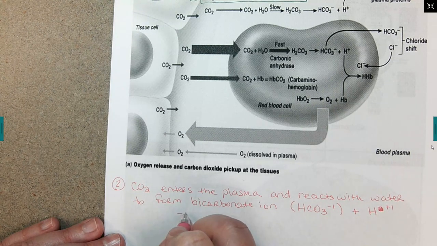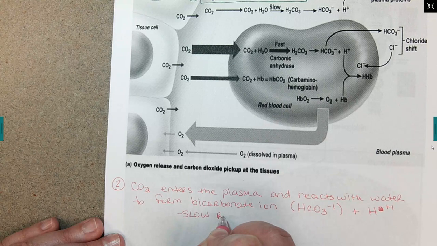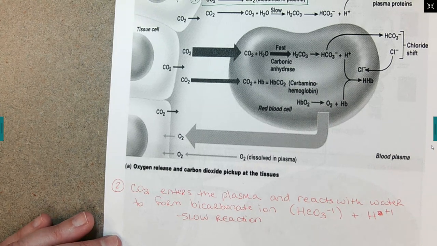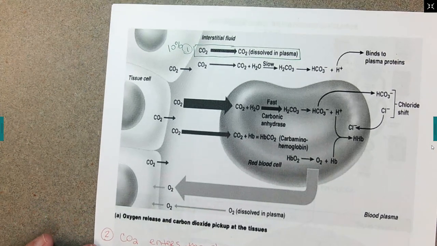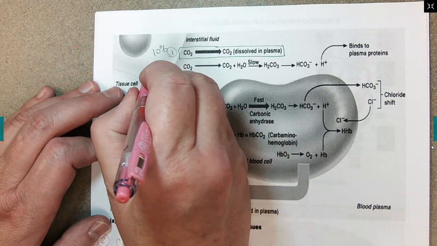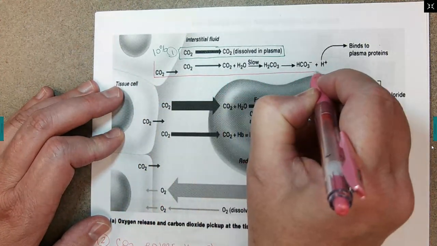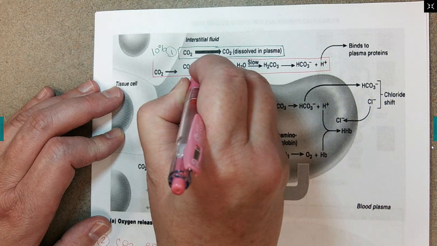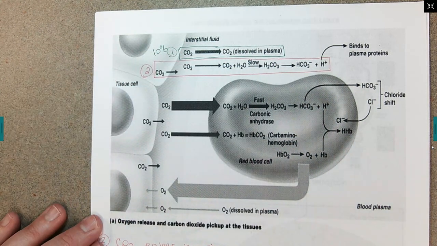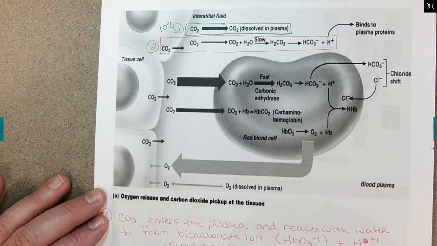Now, this is a very slow reaction. There's no enzyme involved. So let's take a look at where this is going to be represented in our picture up here. So we're going to have this situation right here. This is number 2. So let me give you the formula for this.